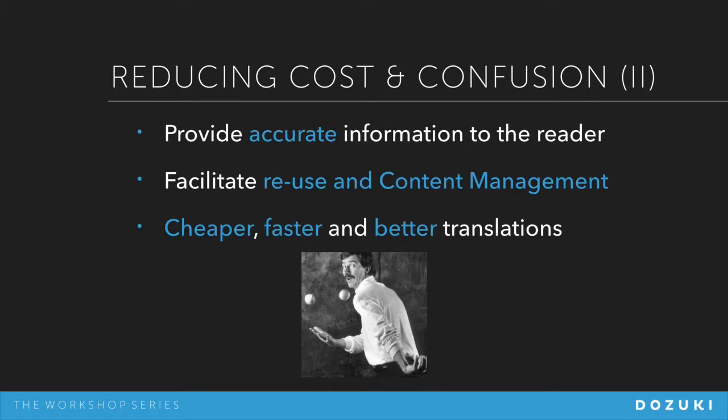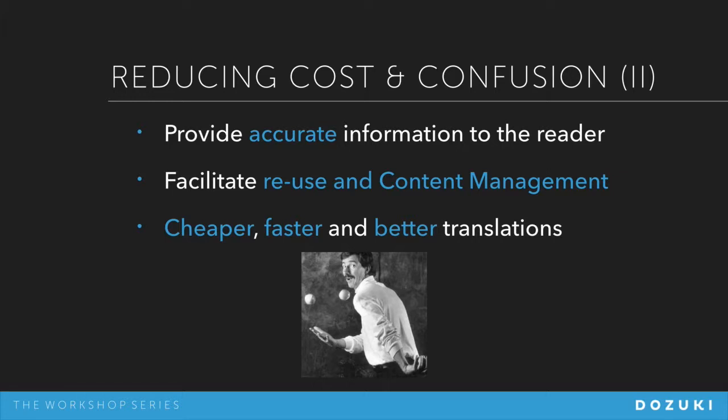This is one of the elements that contributes to facilitating reuse, improving the efficiency of content management, making it easier to create a piece of information once and reuse it several times, based on objective criteria and on keeping product specific information separate from general or generic information. As you may have heard several times before, cheaper, faster, and better.